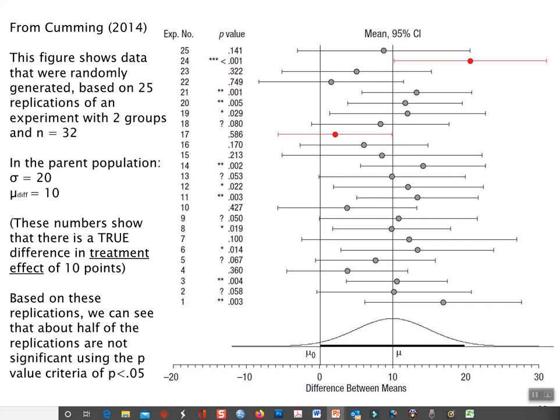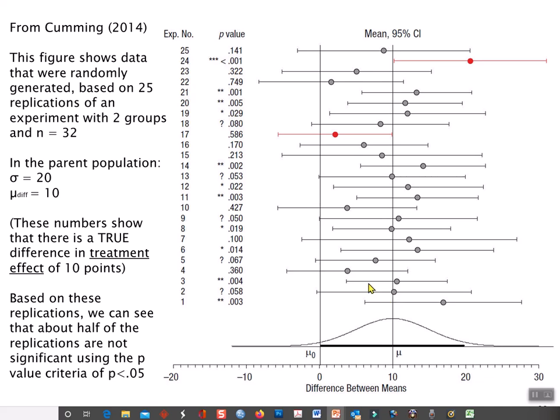Yeah, so I won't go into this. This is a graphic from one of Jeff Cummings' articles. It's interesting by itself. But let me say this one thing about this graphic here.